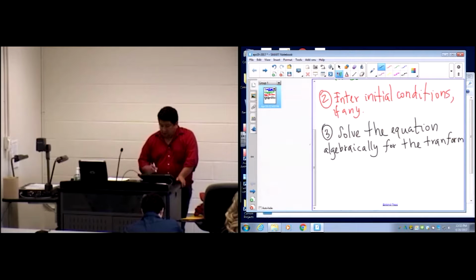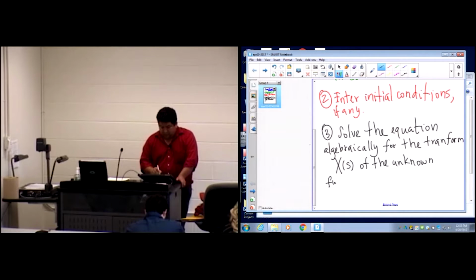So little x of t is a function defined in the time domain. Capital X or big X of S is a function defined on the frequency domain. And what we want is to solve for big X.